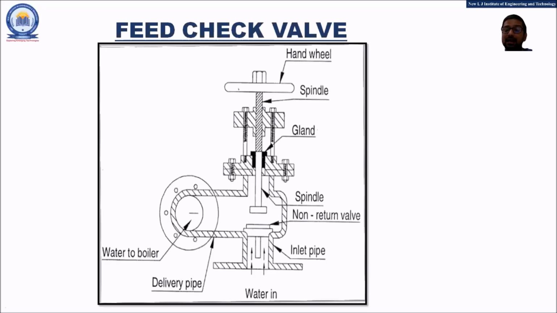The feed water cannot enter the body, and now no feed water will be collected in the boiler. So friends, is this concept clear to all related to the feed check valve? The feed check valve is used for regulating the flow of the feed water.